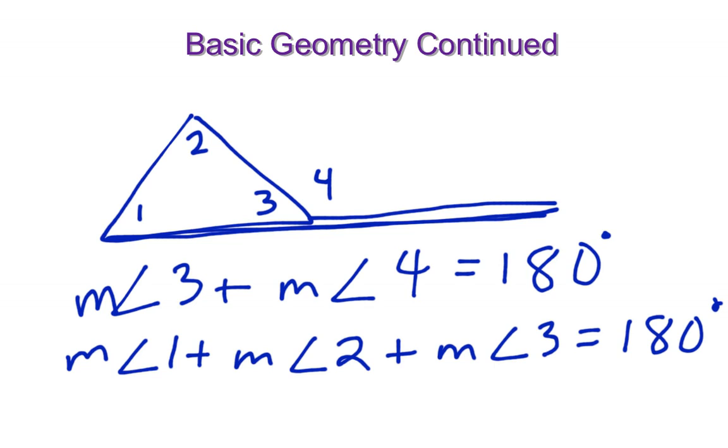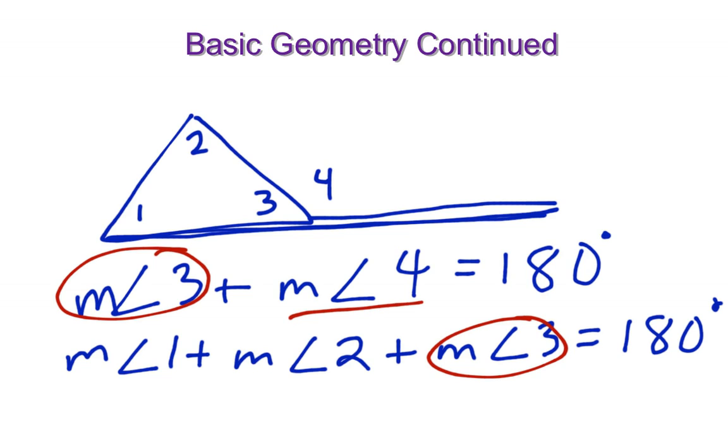Now notice that I've got an angle 3 in both of these equations here, which means that if I subtract measure of angle 3 from both sides, I don't know what that is, but if I subtract that from both sides, I would be left with just measure of angle 4 here on this side and the measure of angles 1 and 2. And since in these equations they're both equal to 180 degrees, that must mean that they're equal to each other.